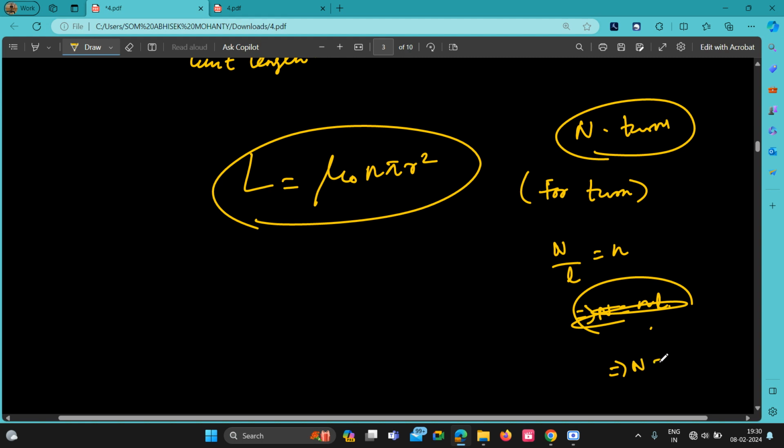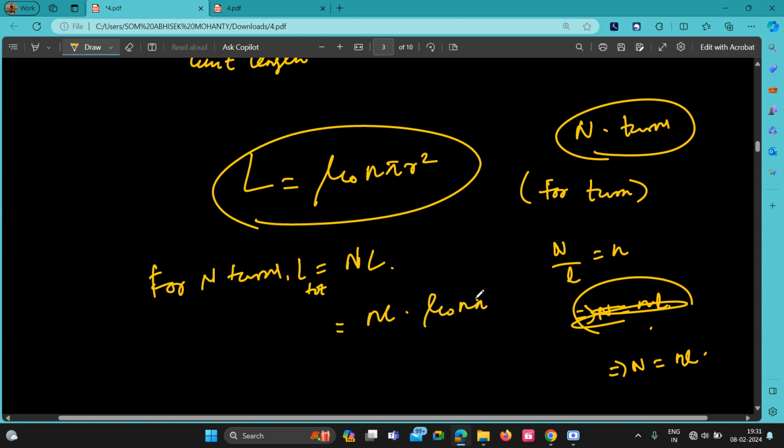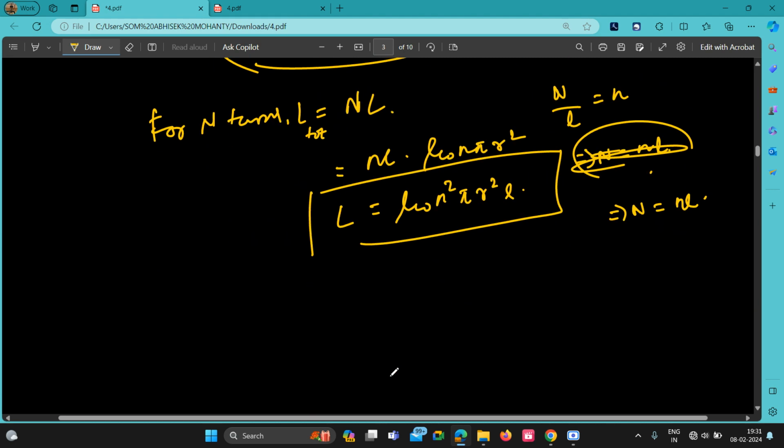So for N turns, L total is equal to N into L. So n l into mu naught n pi r square, that is mu naught n square pi r square l. Okay. So this is your self-inductance for a long solenoid.